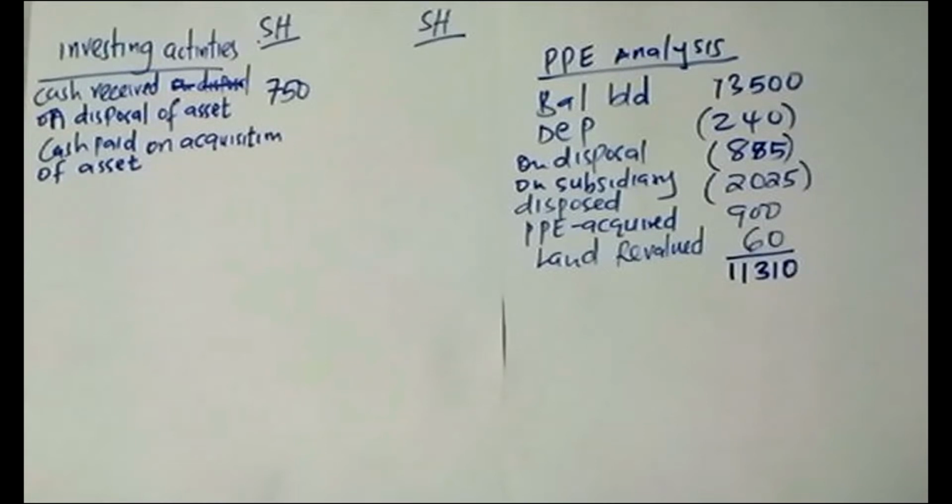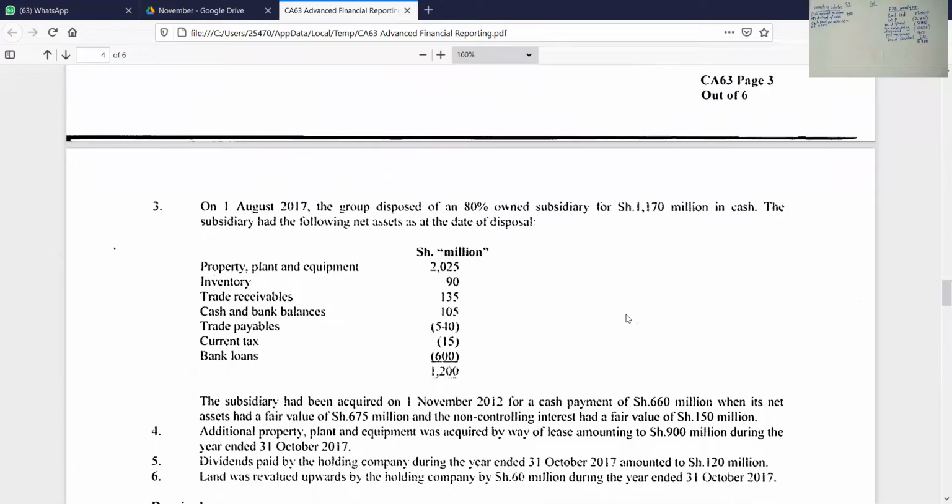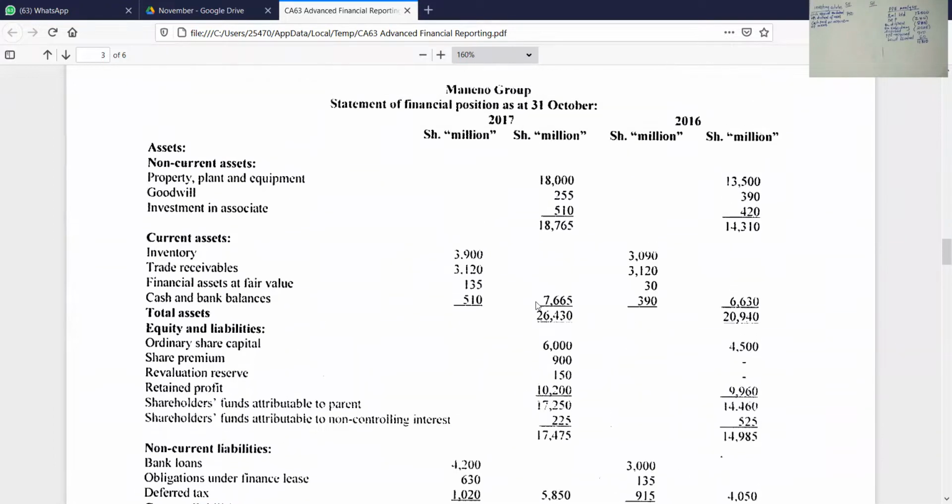Then we compare with the property, plant, and equipment by the end of the period. By the end of the period, it was 18,000.